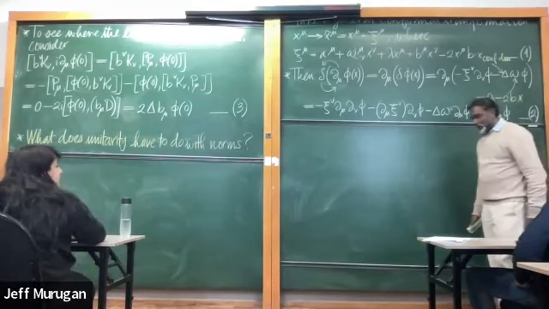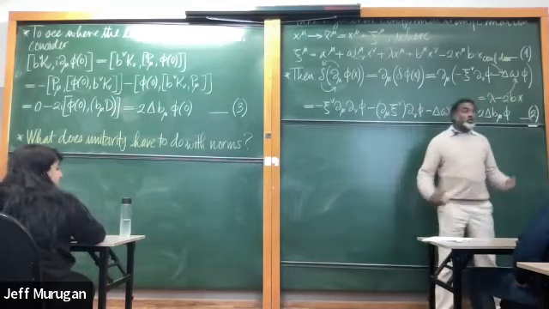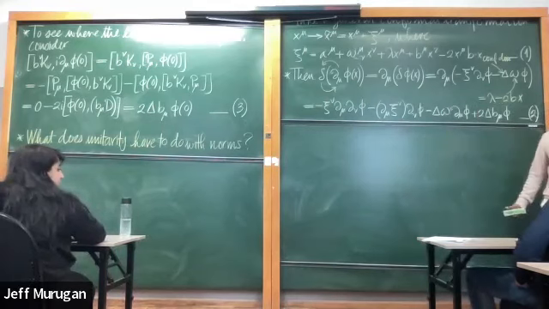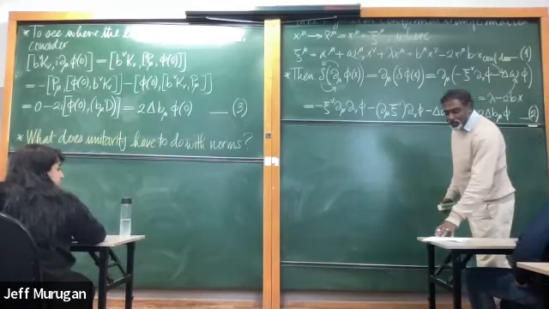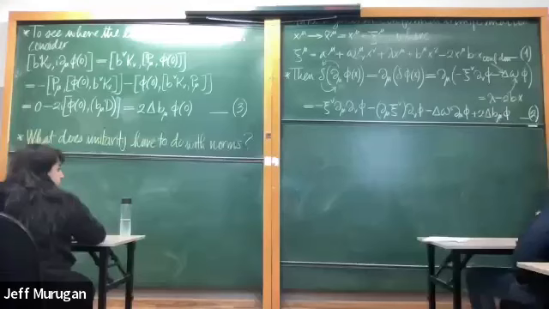When we say that a theory, a quantum theory, is unitary, what we mean is that its time evolution operator is a unitary operator.